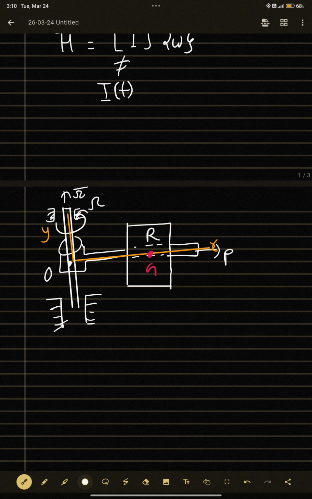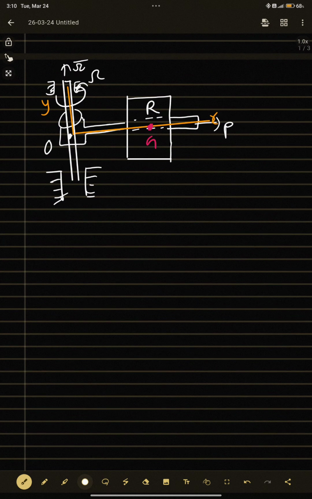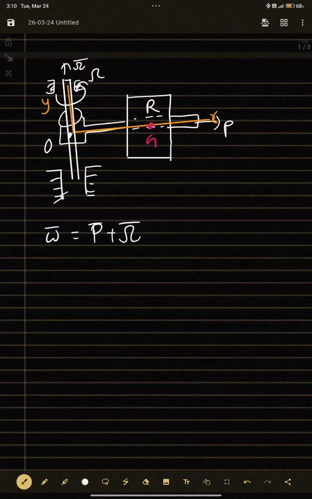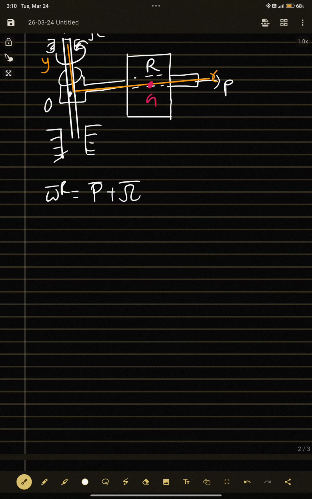So, what is the angular velocity of the rotor? It is v, and it is this. By now, you know that the total angular velocity of the rotor is this plus this. And what will then be the angular velocity of x, y, z? It will be the same as that of the rotor.